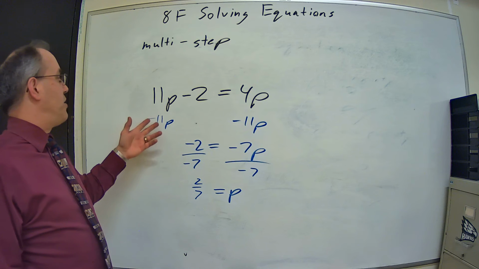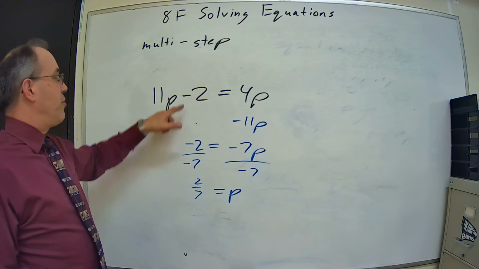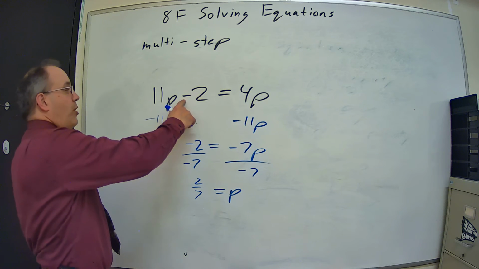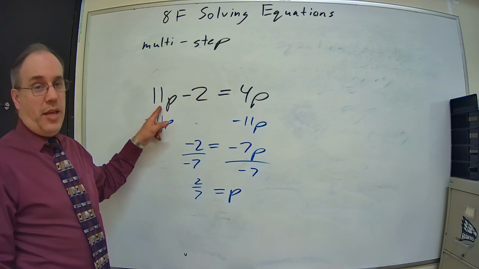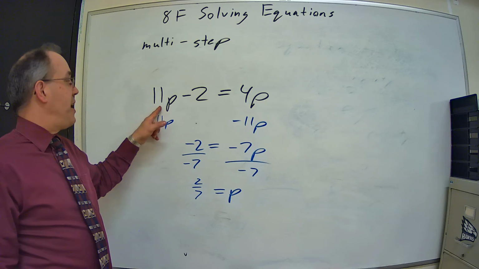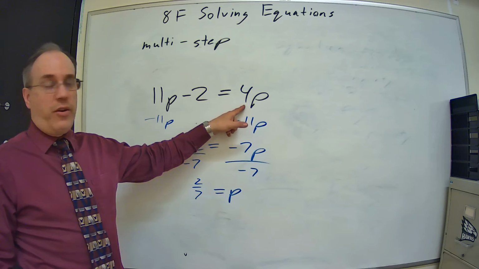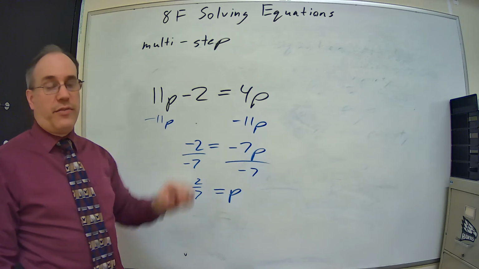The concern is that you have to remember to keep this negative in here, because the real concern is people see it's combined by subtraction, so they want to add 11p. And if they do that, they'd actually end up with 22p over here and 15p over here, instead of no p's over here and negative 7p over here.